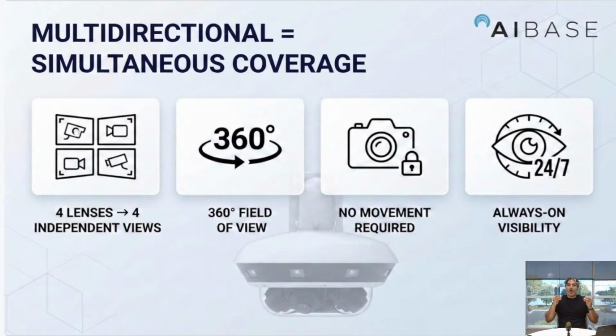Each lens acts like its own independent camera. So instead of one view, you get 4 views at the same time. Think of it like 4 independent cameras bunched up into one big housing of a multi-direction camera, right? You can see it on the picture on our slides as well.